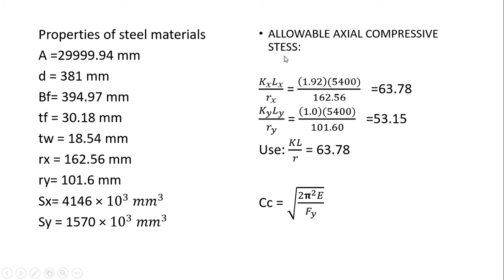So for CC, so it is equals to the square root of 2 pi squared times E over Fy. So substitute the value. So CC is equals to 126.17.